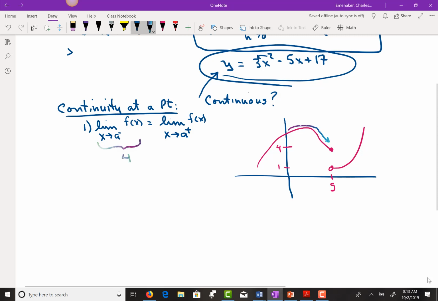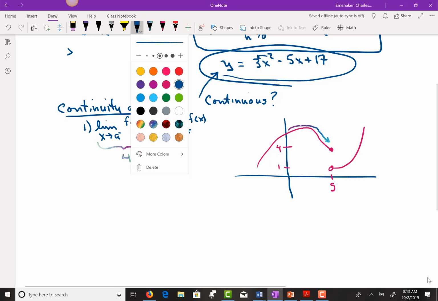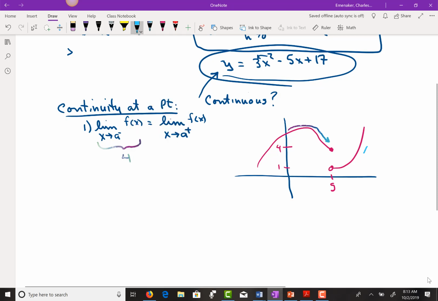If we head in from the right, what y value are we approaching? Notice I didn't say what y value do we get to. What y value does it look like we're driving toward? Looks like we're headed to 1, doesn't it?